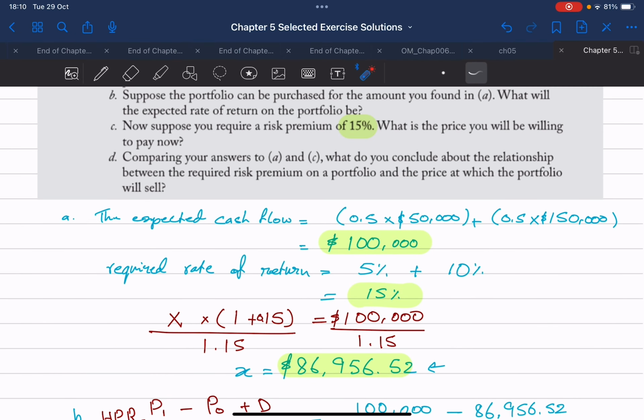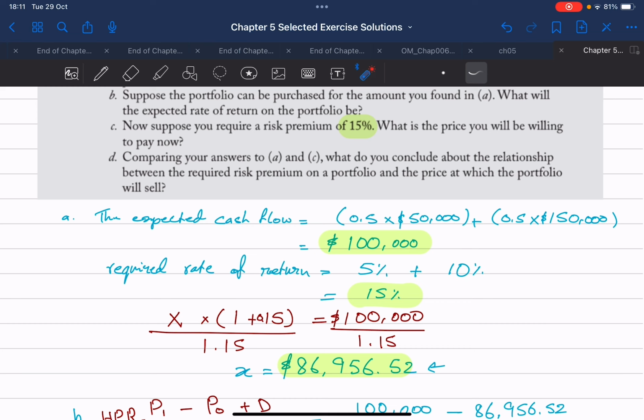It says comparing your answers, A and C. What do you conclude about the relationship between the required risk premium on a portfolio and the price at which the portfolio will sell? Okay. And here you can describe this in your own words, right?